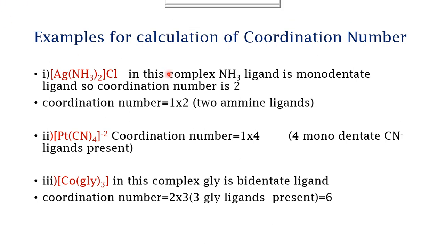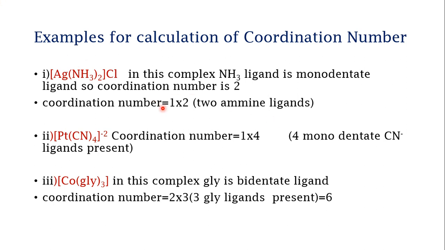Here are examples for the calculation of coordination number. The first one is Ag(NH3)2Cl. There are two ammonia molecules as ligands bonded to silver. Ammonia is a monodentate ligand, only nitrogen is bonded with silver.